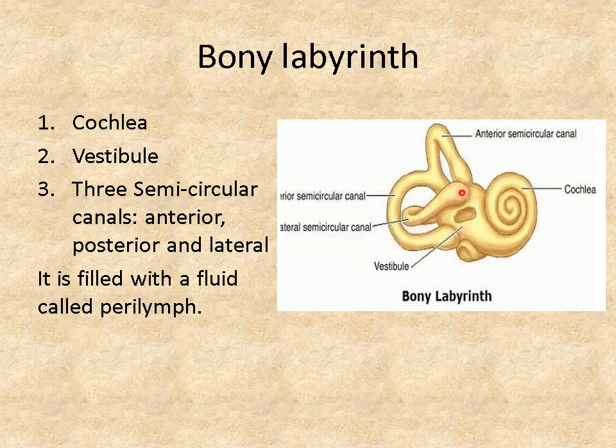Each of them has two openings in the vestibule, except for the anterior and posterior, which form a common crus and open with one opening. So instead of having 6 openings in the vestibule, we have only 5 because of the common crus between the anterior and the posterior semicircular canals.